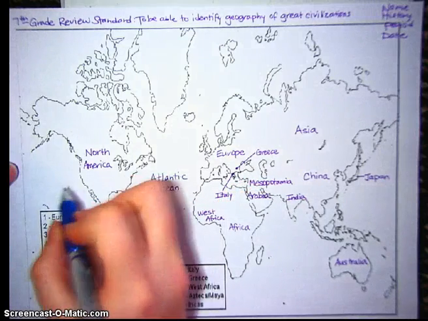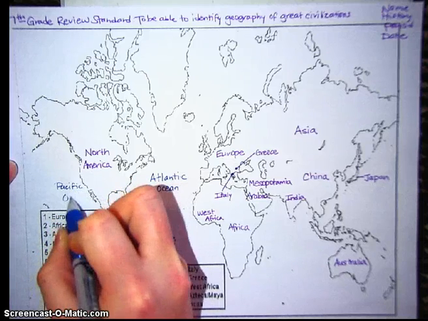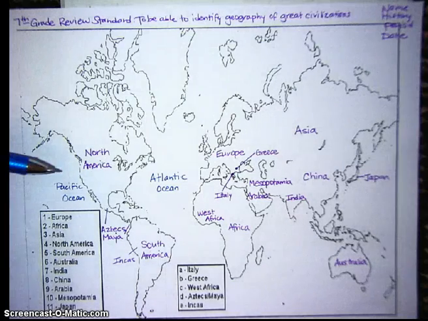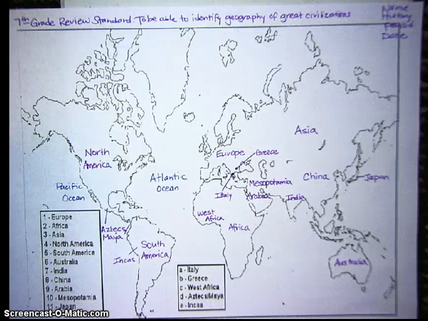And here's the Pacific Ocean on this side. And remember, we hang out by the Pacific Ocean right out here. We're right about there. Right near the coast. Go California. That's it.